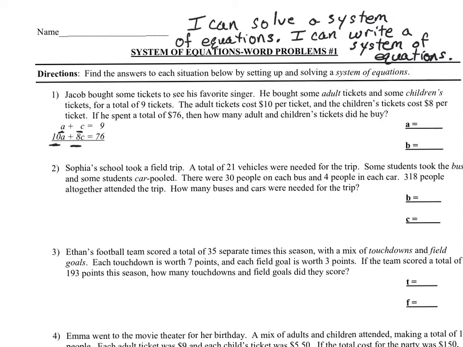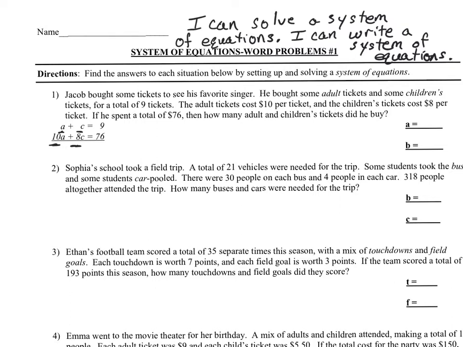So the first equation, first off, I'm going to write the first equation out, and then I'm going to think about what I can multiply by to make either the number of A or the number of C match the second equation. Well, you could multiply by 10. That means we're multiplying every single thing, the A, the C, and the 9 by 10.